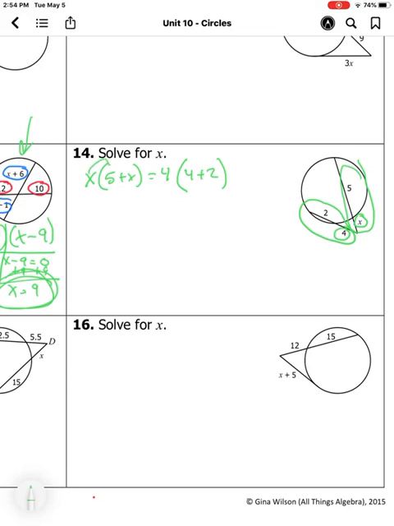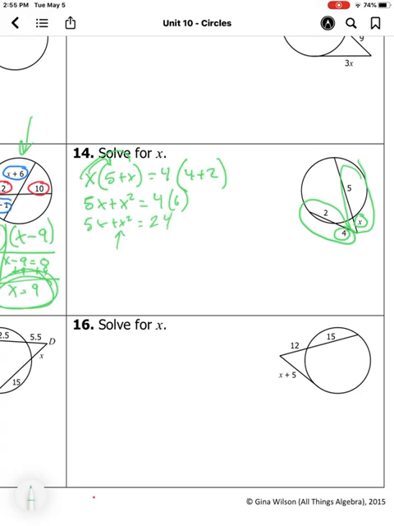So I distribute here. I'm left with 5x plus x squared equals 4 plus 2 is 6, so I got 5x plus x squared equals 24.